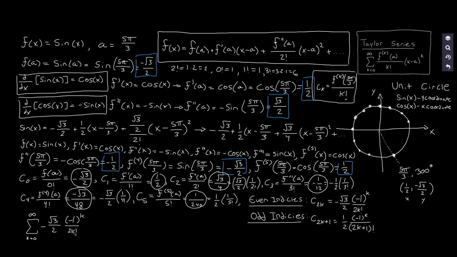But we're not done there. If we look at what the Taylor series is, this is our c sub k, but then we need to multiply it by the binomial x minus a raised to the power of k. We know what a is. The series is centered at 5 pi over 3, so it's going to be x minus 5 pi over 3.